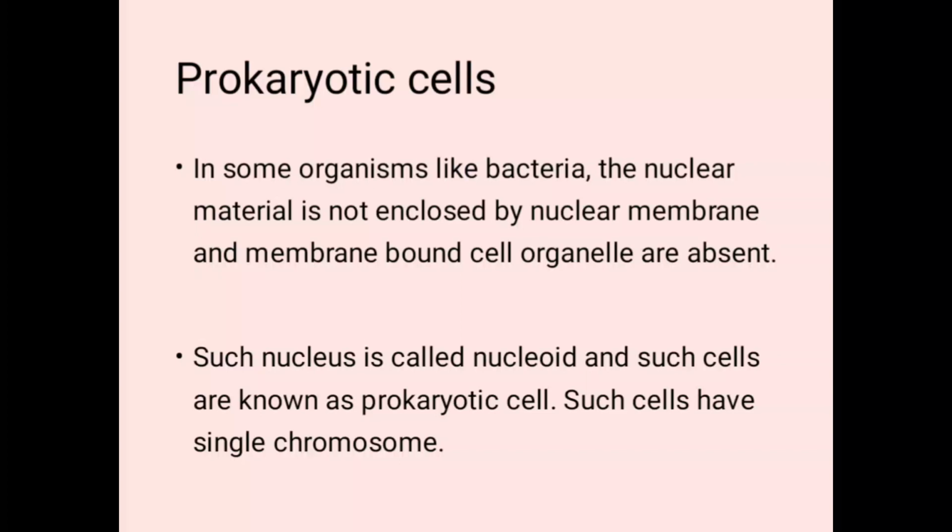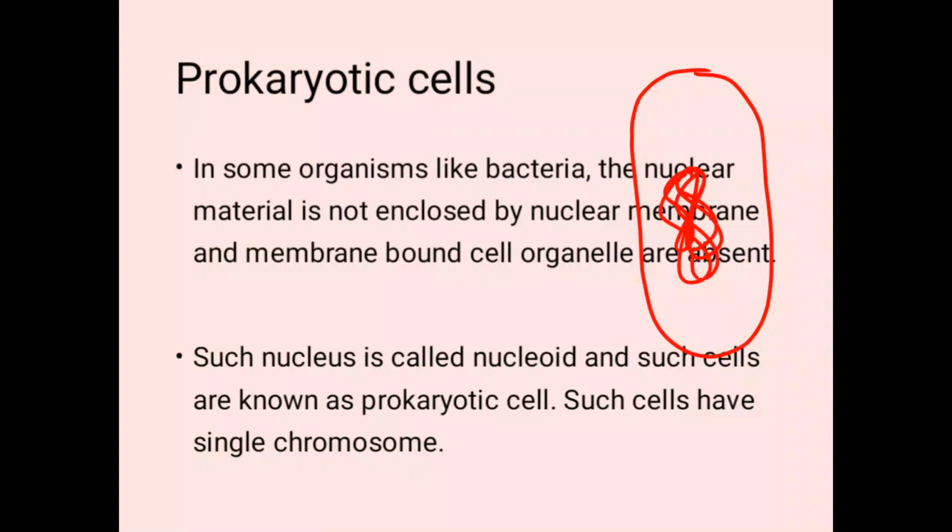Next one is the prokaryotic cell. Depending upon the nucleus and cell organelles, we can classify cells into two types. One is the prokaryotic cell and the next one is the eukaryotic cell. In a prokaryotic cell, the nucleus, that is the genetic material, is not covered by any membrane.